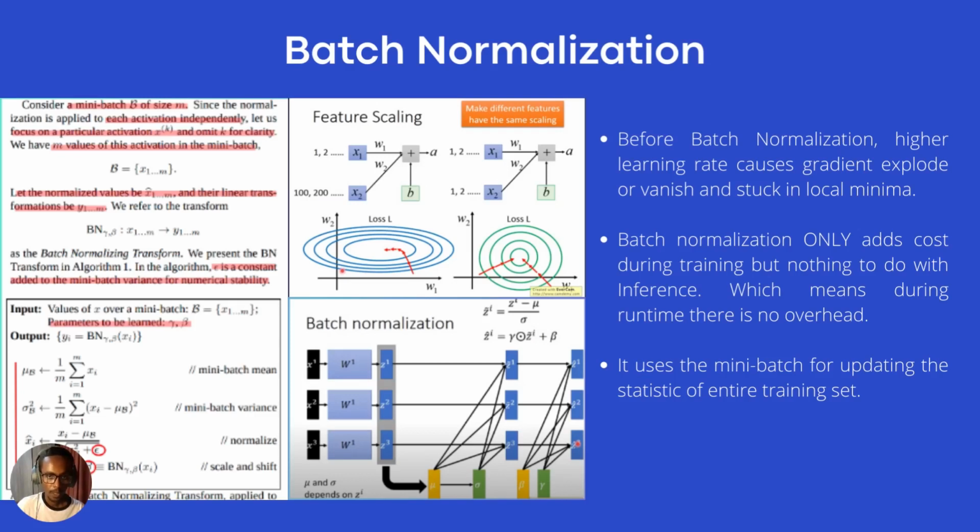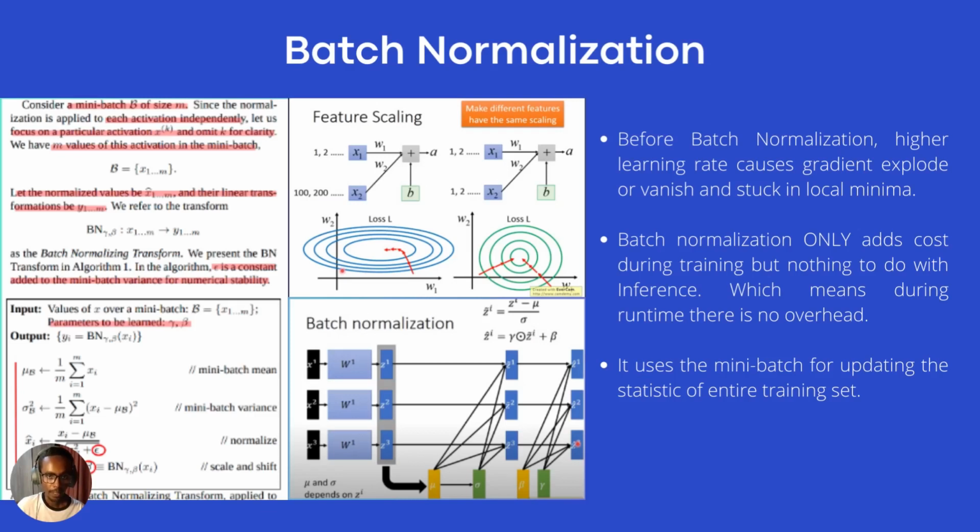So before batch normalization, a higher learning rate causes the gradient to explode or vanish and get stuck in local minima. When the gradient is exploding, for example, if you have a large learning rate, then it will miss the local minima. And when you have a smaller learning rate, it takes a lot of time to reach the local minima.